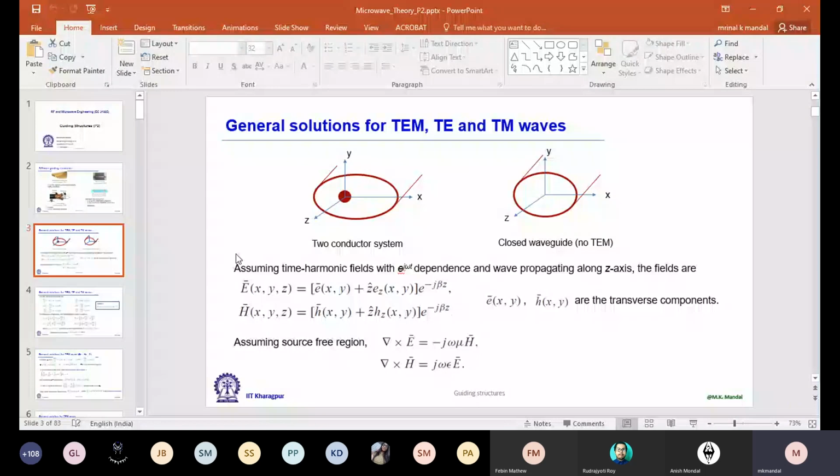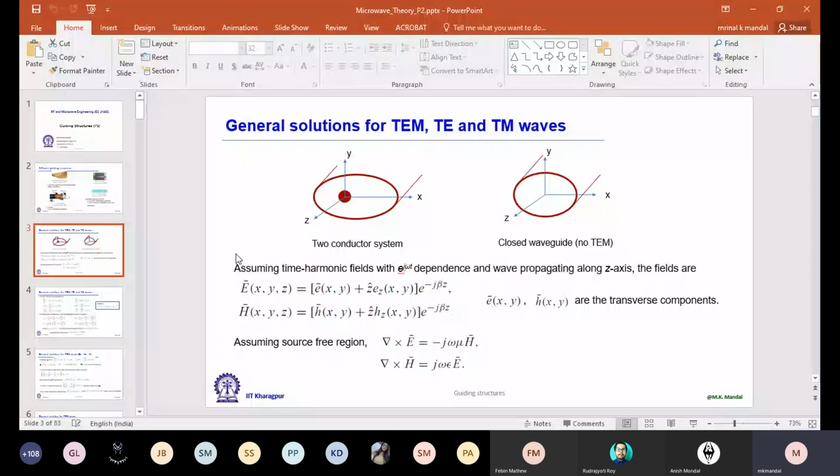It looks like a coaxial cable, but it can be of arbitrary shape. Not necessarily does it have to be always circular. The second one is a waveguide structure. It's like a hollow pipe. So again, the shape can be arbitrary, even though in our syllabus, we will cover some regular shapes only.